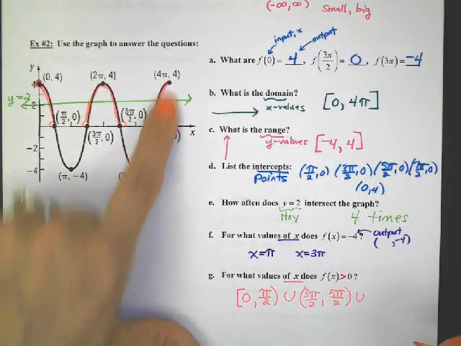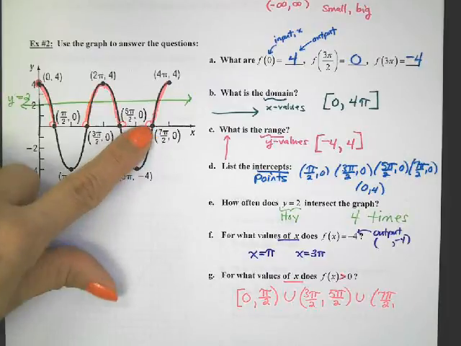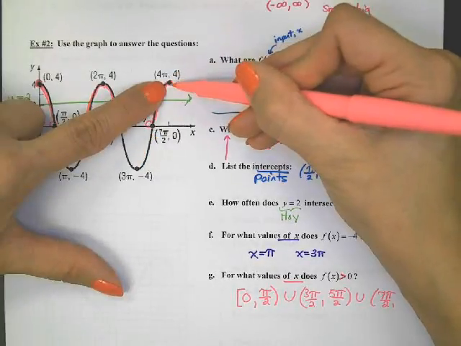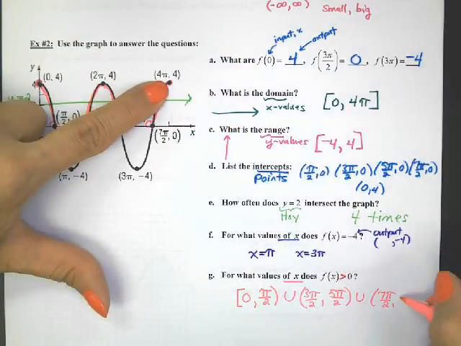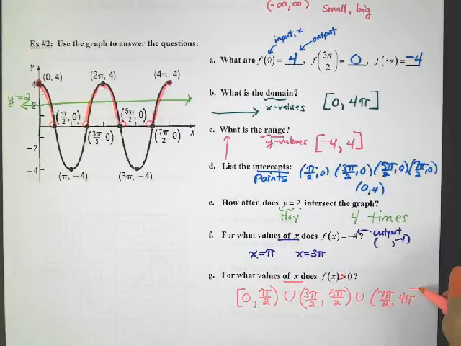Union, there's another piece starting right there at parenthesis 7 pi over 2, and it goes all the way to there. Is that point greater than 0? Absolutely. So at 4 pi, brackets or parentheses? That's going to get a bracket because it touches and it equals.